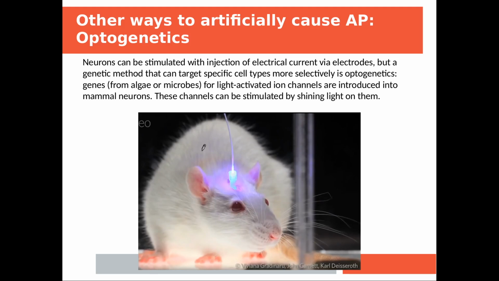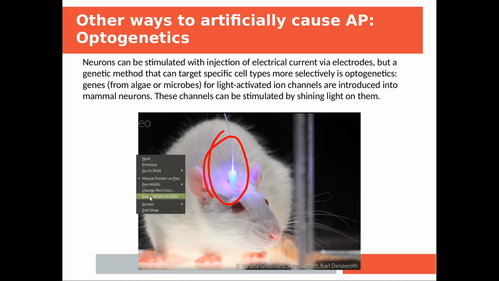But in the last less than 20 years, based on Karl Deisseroth's work, they modify the DNA of the brain cells to include DNA from algae or microbes that are sensitive to light, called rhodopsins or opsins, which are molecules sensitive to light. And then you can stimulate the brain. You can cause action potentials or cause a decrease in membrane potential by shining light on the brain.